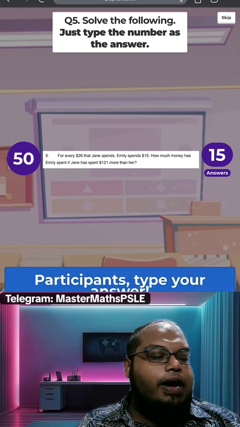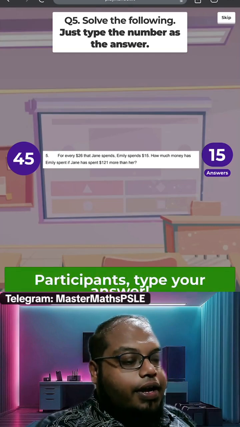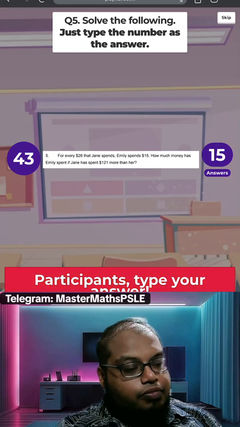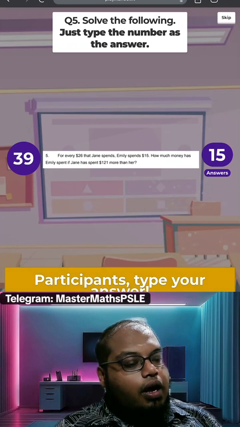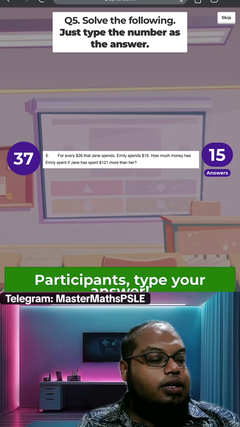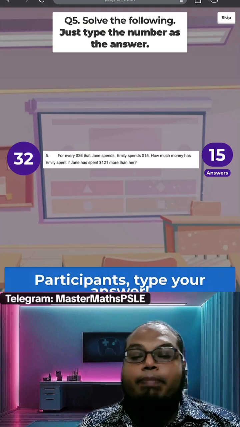Okay, this is about difference. Just now was about total, right? Now it's difference. They give you the difference between the amount that Jane spent and the amount that Emily spent.